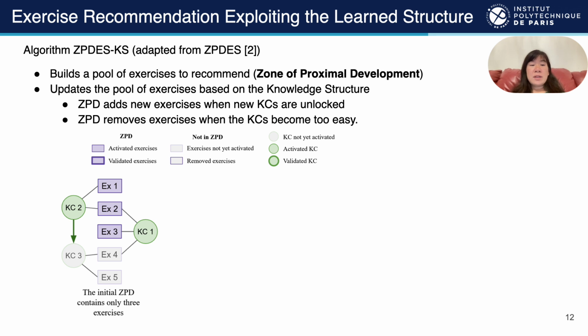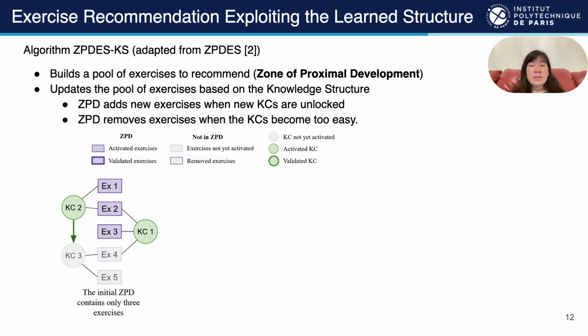So here KC3 is not yet proposed because KC2 is not mastered yet. So it means that we can propose exercise 1, 2, and 3 to the learner. So this is the initial ZPD that contains only 3 exercises.